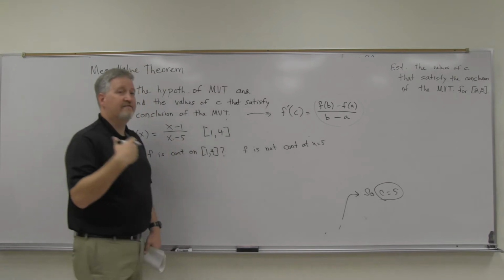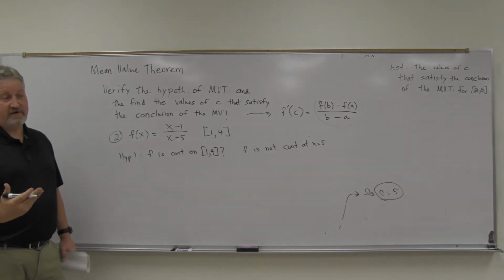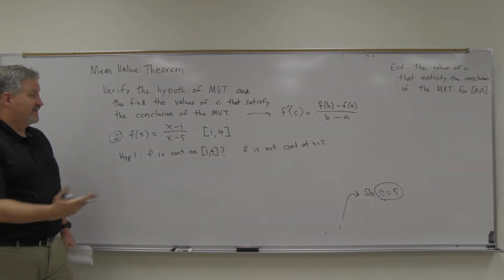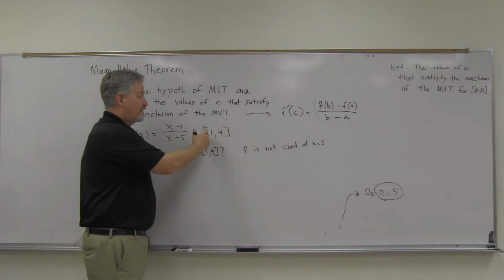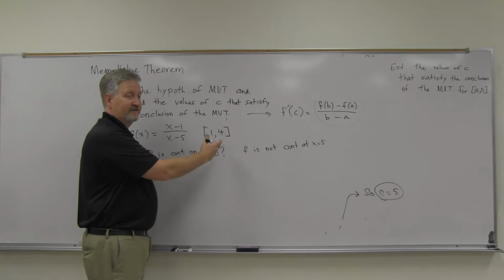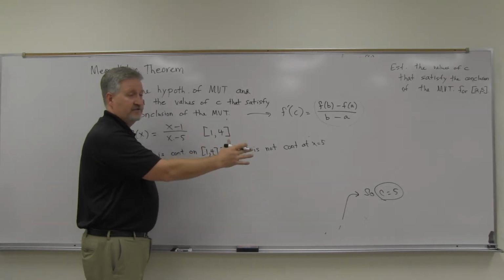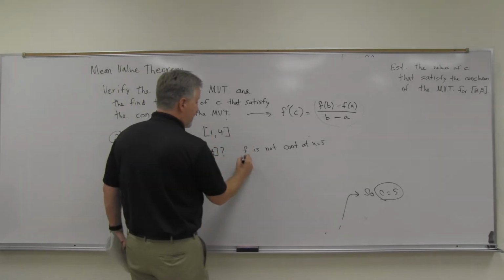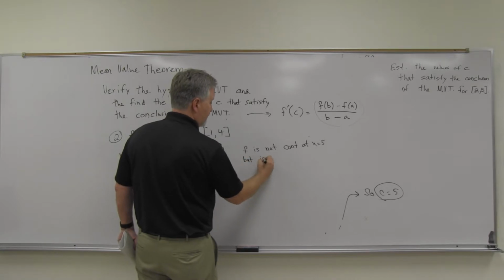But why does that not affect the Mean Value Theorem hypothesis? It's not in the interval, right? If I picked 1 to 6, I'd be in trouble, but I picked 1 to 4. So f is not continuous at x equals 5, but it's continuous everywhere else.